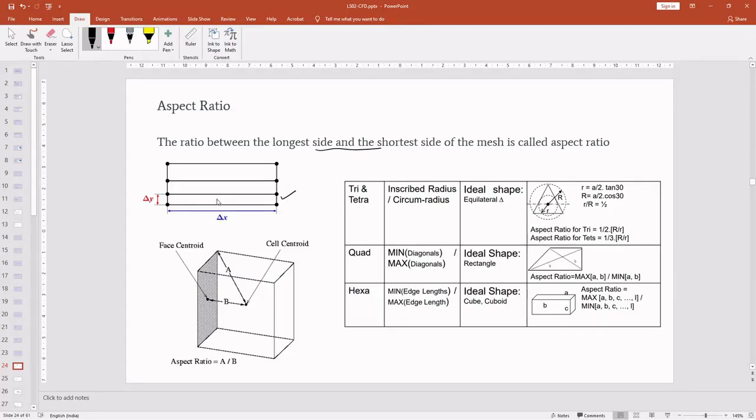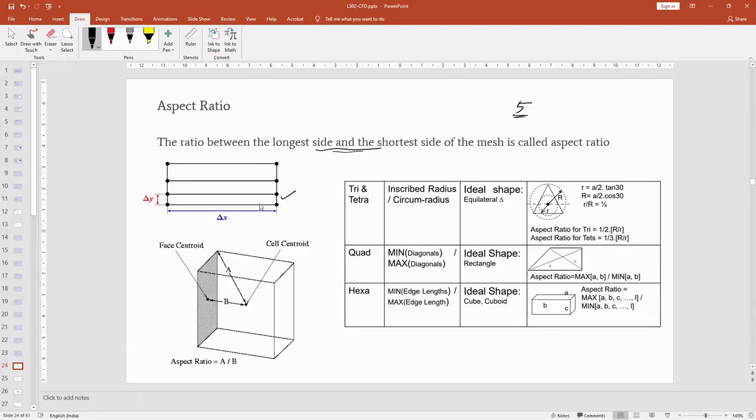This aspect ratio should be in some particular range for getting reasonable results. Most probably, we will take an aspect ratio around 5, so that the longest side is around 5 times the shortest side. That is the best criterion we will follow, but it depends on the case.